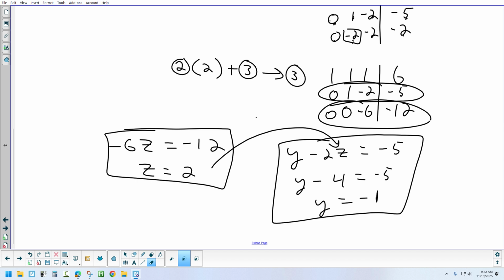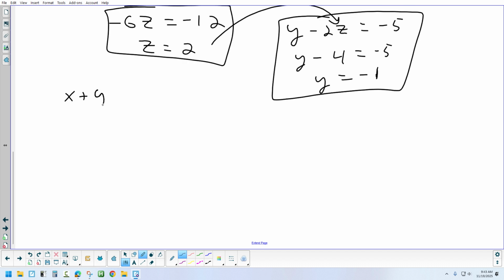x. Okay, so we got z, we got y. Which row do we use to get x? Top. And the top row, oops, I don't want to erase it, but the top row says x plus y plus z equals 6. Okay, fill in everything you have.